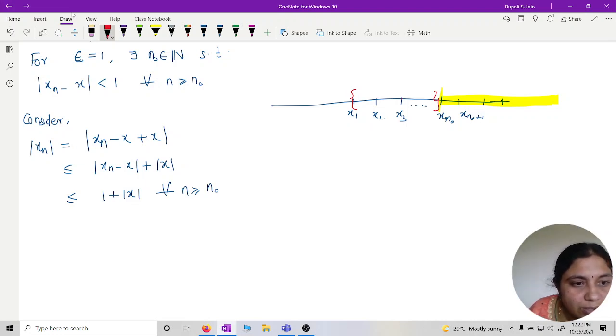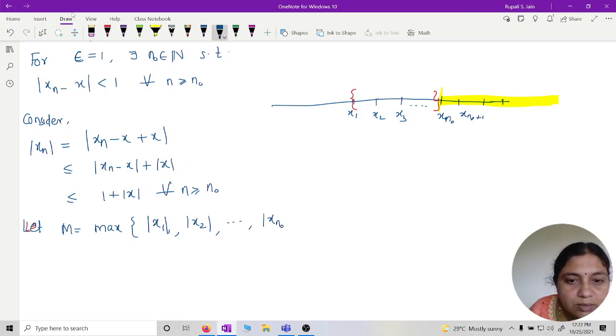And now let m be, say, the maximum of mod of x1, mod of x2, up to mod of xn0 minus 1, and 1 plus mod x also I take.